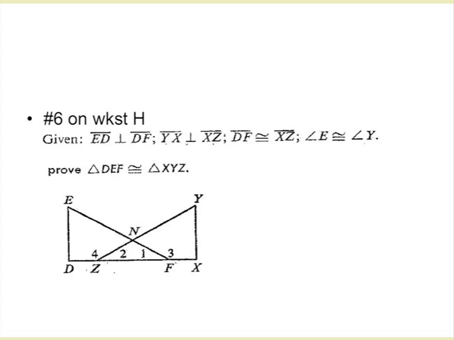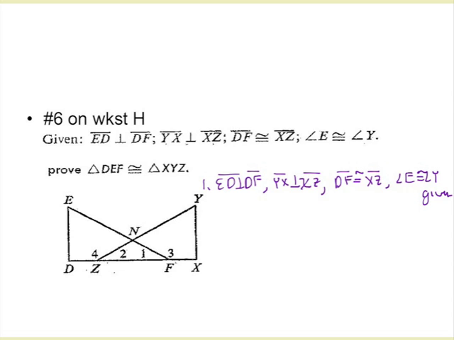Our second example, we'll go ahead and begin with our given. And drawing out our separated triangles to be able to mark up and see more easily when we have what we need.